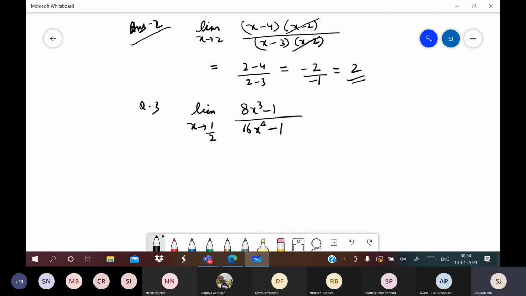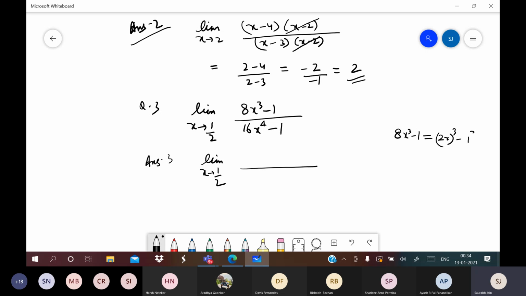Yes, what is the answer? Why are you taking so much time in factorization? How can we factorize this numerator? You cannot find the factors.